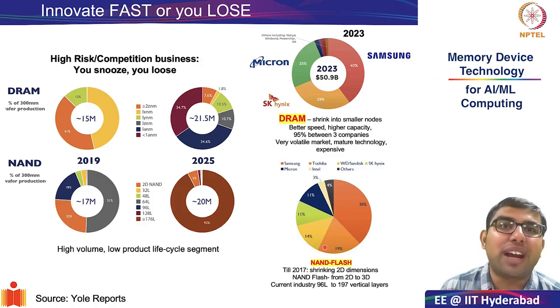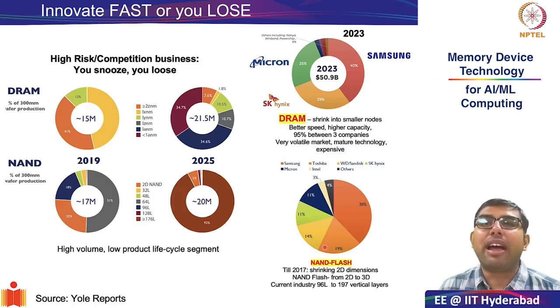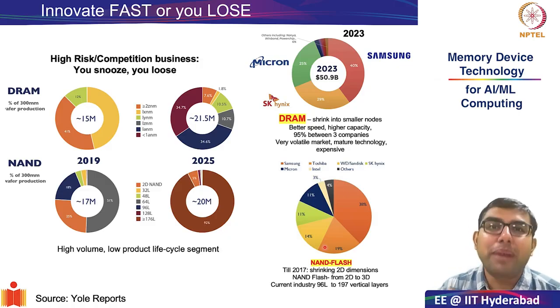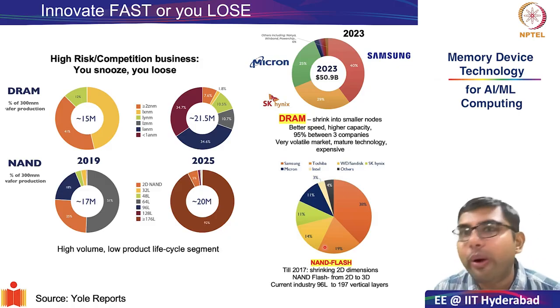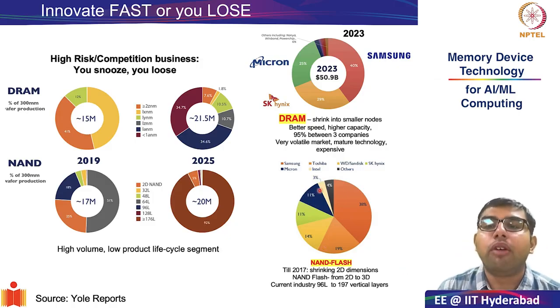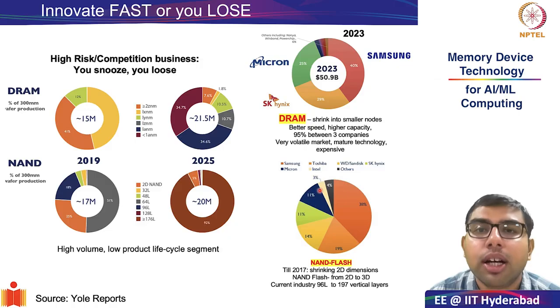There also you need flash. So every company to compete in the market does not need to go to the best technology node. For low-end consumer products, there is opportunity for you to also stay in the market. That's why the pie chart shows a larger spread.